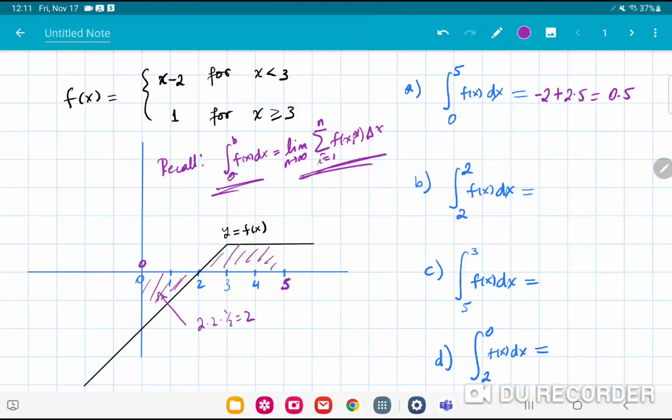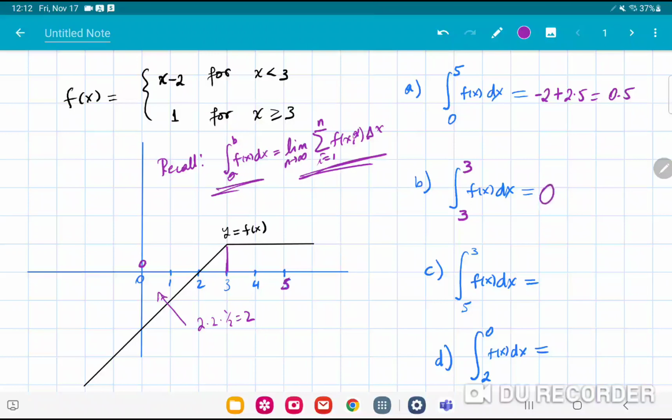Okay? B says the integral from 2 to 2. Let me clean this up first. The integral from 2 to 2 of f of x dx. Actually, I'm going to change it from 3 to 3. If you look at the integral from 3 to 3 of the function, we're trying to find the area from 3 to 3. There is no area, so this integral is 0.